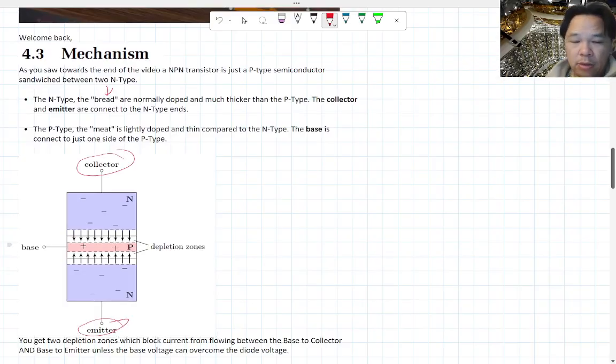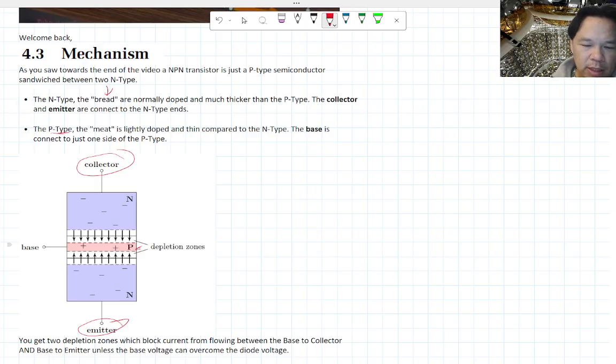The names will be obvious after we describe how they actually work. These are connected to the n-type, the bread of the sandwich. The meat of the sandwich is the p-type semiconductor. You can see this in the red here, and it's thin and lightly doped compared to the n-type.